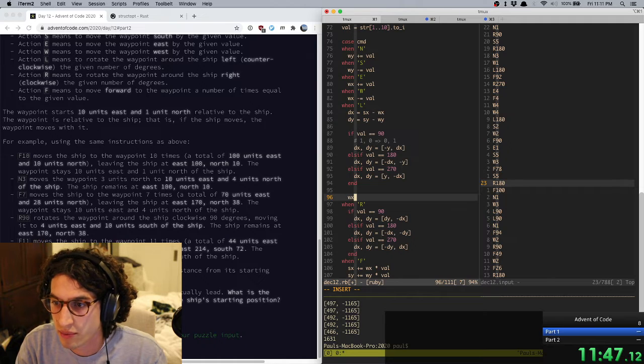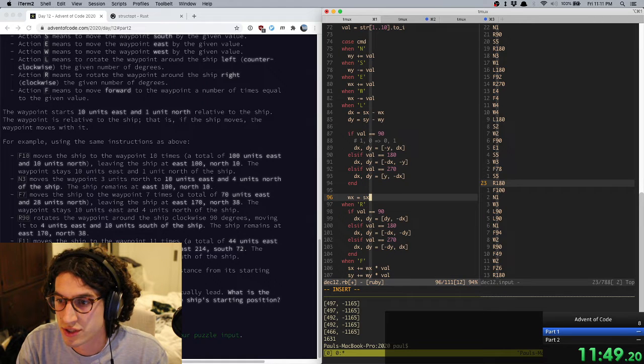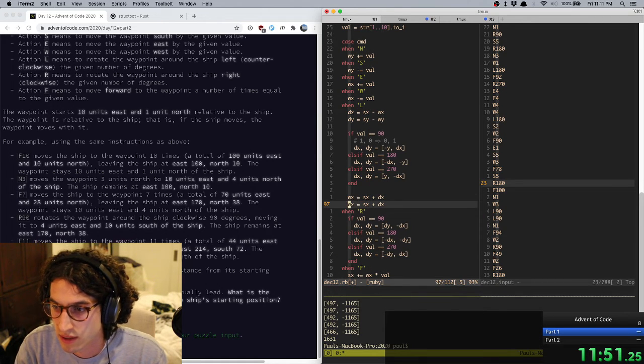And then waypoint x equals ship x plus dx.